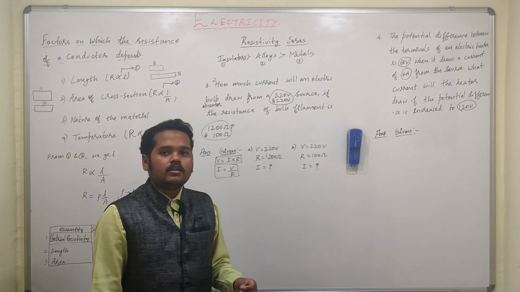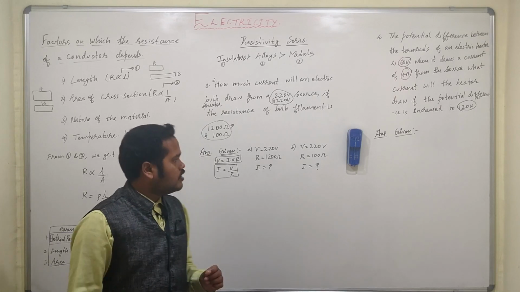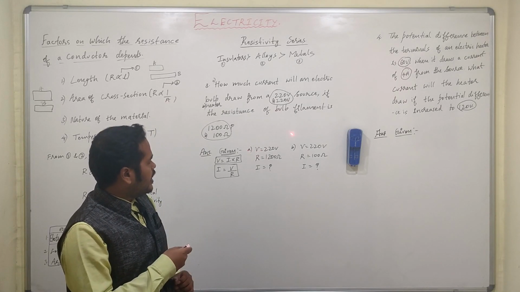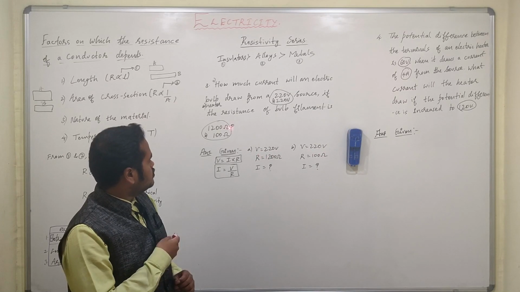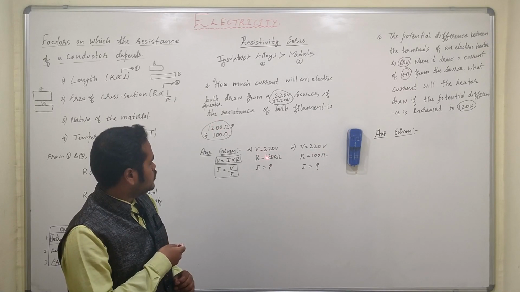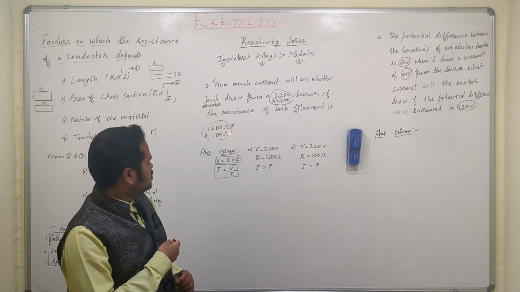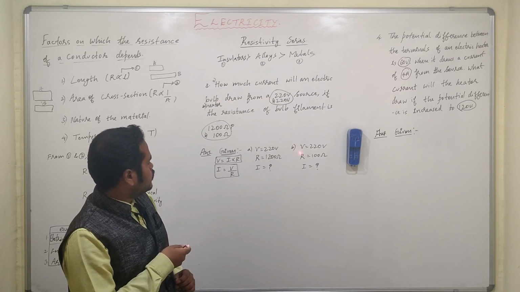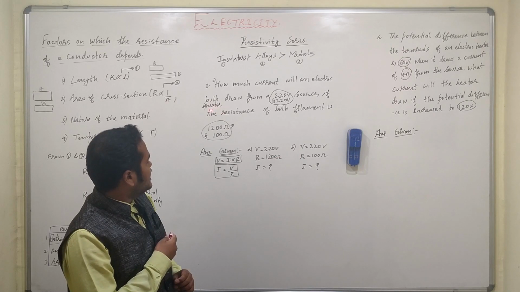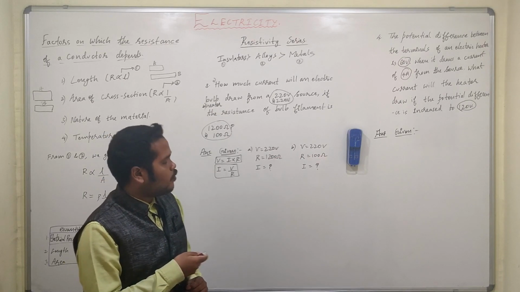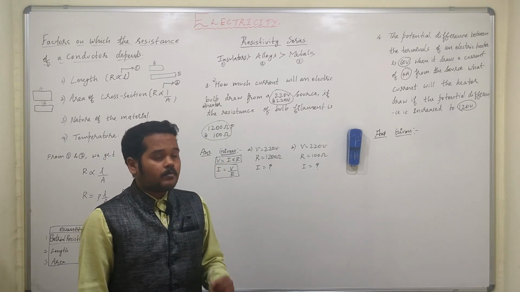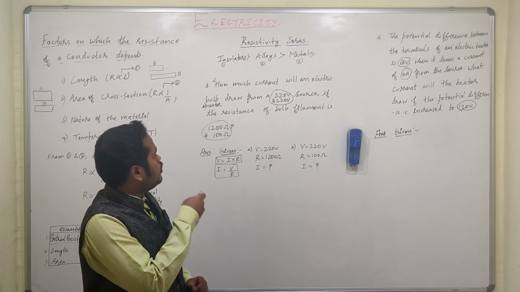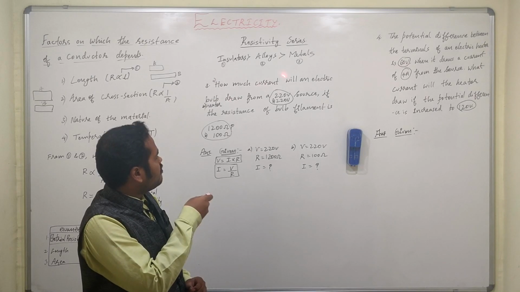With that, we will go to the given. Given: there are two, A and B. Voltage remains the same, but the resistance for option A is 1200, and for option B, the resistance is 100 ohm. For the bulb, it is 1200 ohm, and for the heater, it is 100 ohm. What we have to find out is how much current.